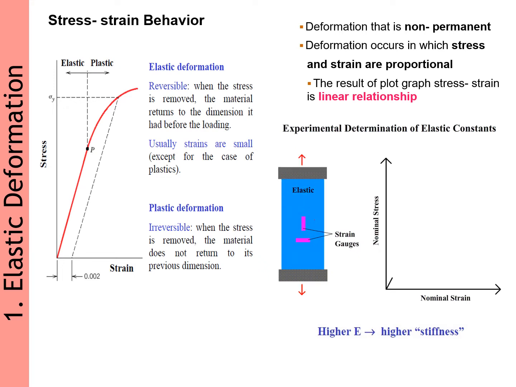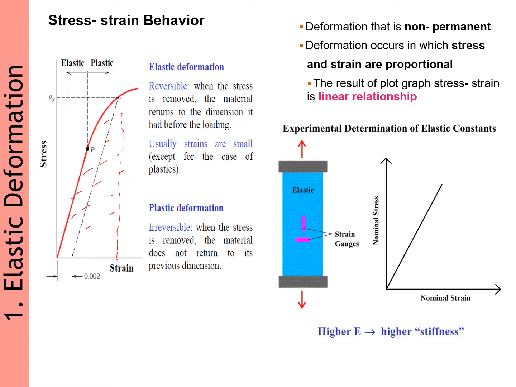From this diagram we can also find other properties, which is the modulus of resilience, the shaded area under the elastic deformation. We can show how the modulus of resilience is defined from the diagram.